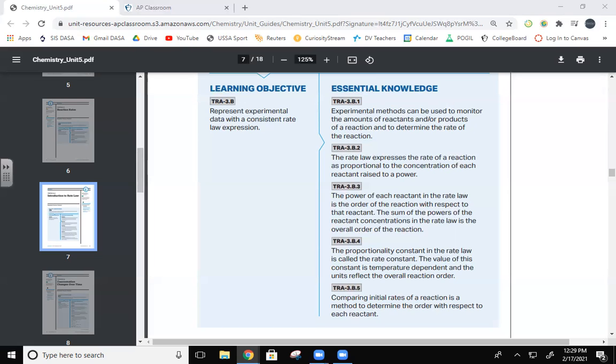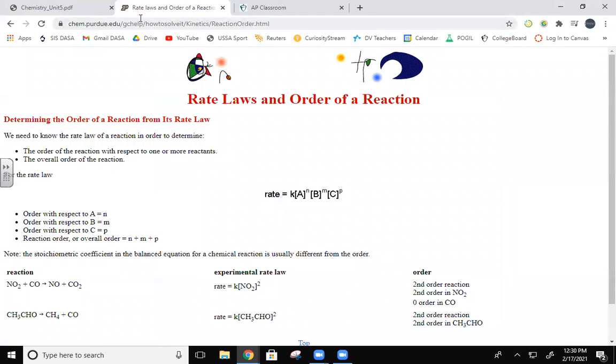So the order of the reaction with respect to one or more reactants. Let me find something that'll help explain this a little bit better. So let's look at this. Again, we have a reaction of nitrogen dioxide with carbon monoxide.